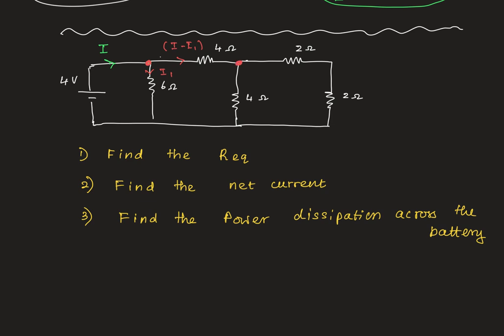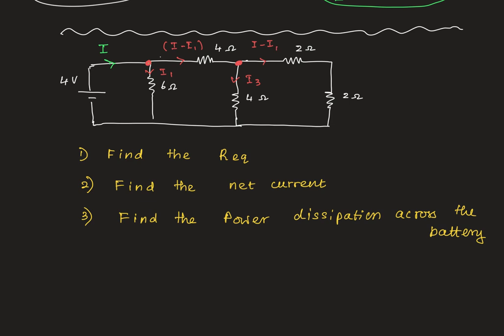And again we reach a point like this, and there you have a current, let me call it I3. And then again the branch over here carries the rest, I minus I1.